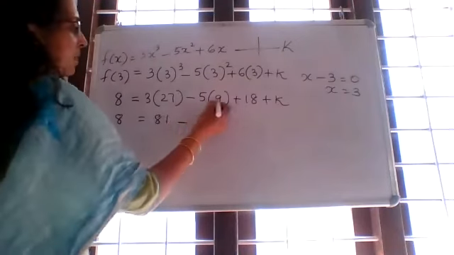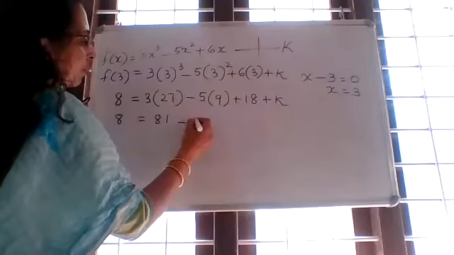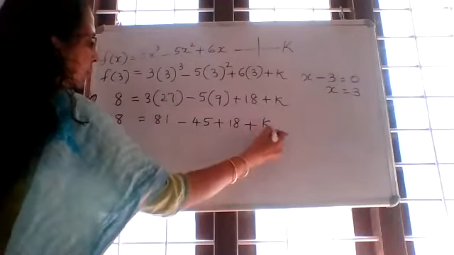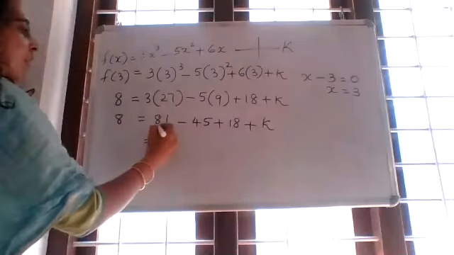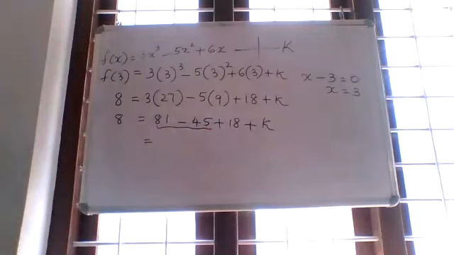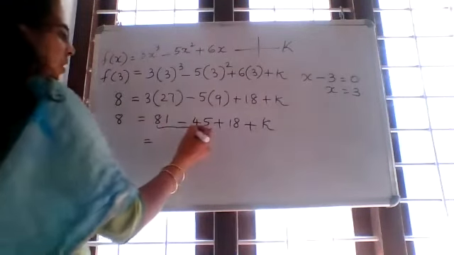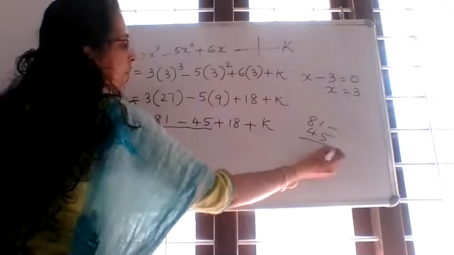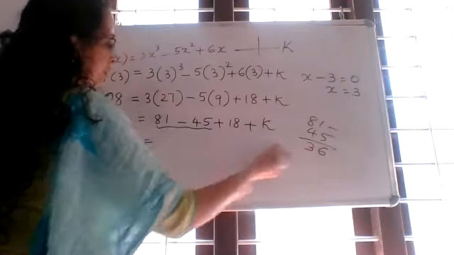Minus 9 into 5? 45. Plus 18 plus k. So what about 81 minus 45? 36. 36 plus 18 is equal to 54.